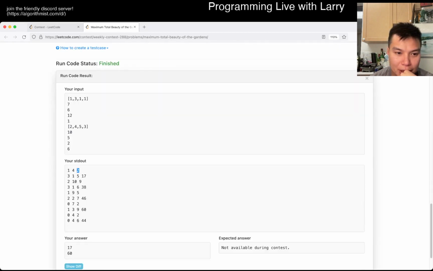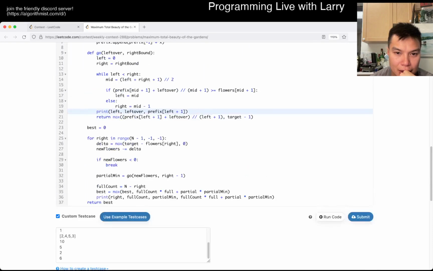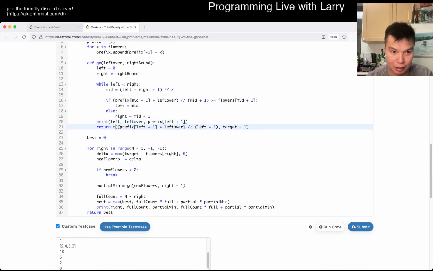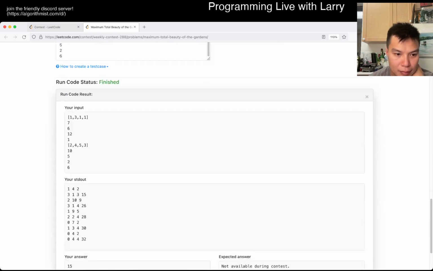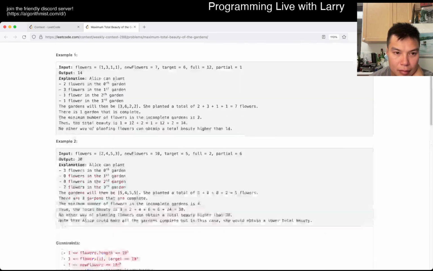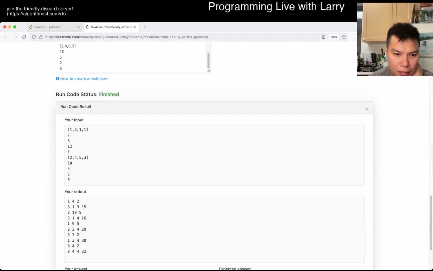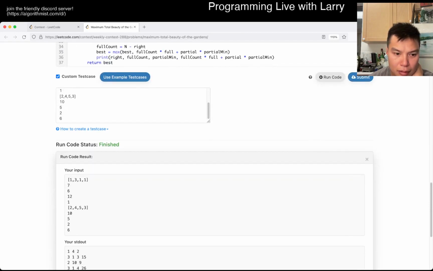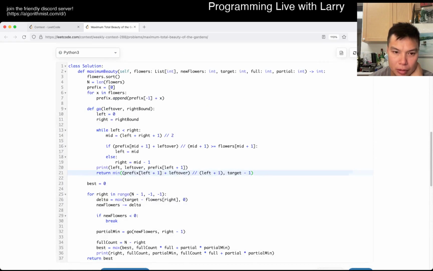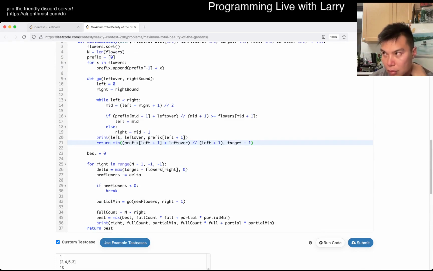Well, that part is actually right, but oh, this is min, that's why this is weird, but 4. Partial min is 3. That's not true. The partial min should be 2. Why do I return 3?